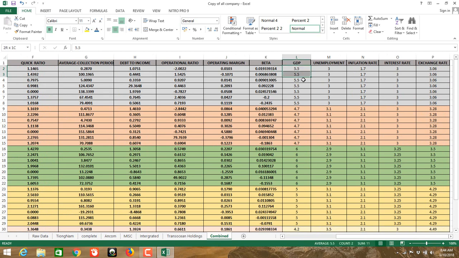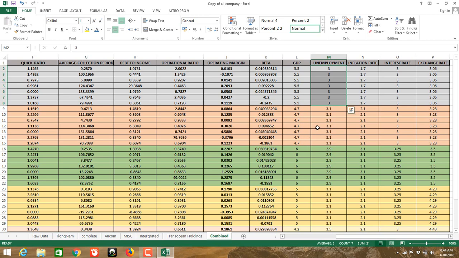In this case, the GDP of 2012 was 5.5, so we put 5.5 for the entire 7 companies in the year 2012. This is all 2012, and here is 2013, 14, and the rest. Similarly, go to the other variables: unemployment, inflation, interest rate, exchange rate, and so on.